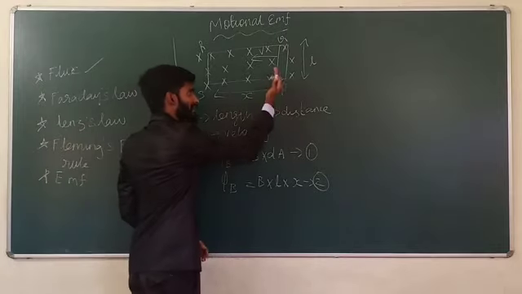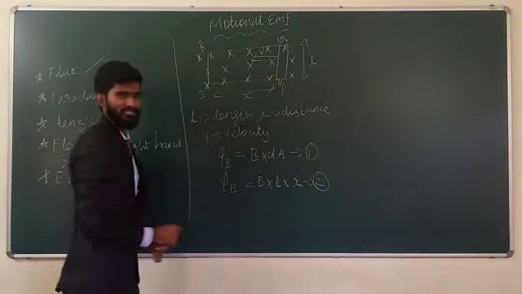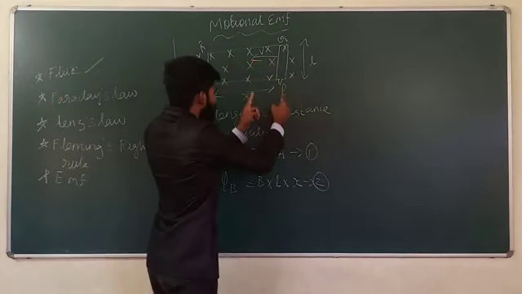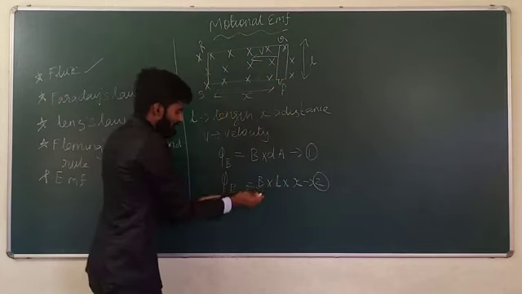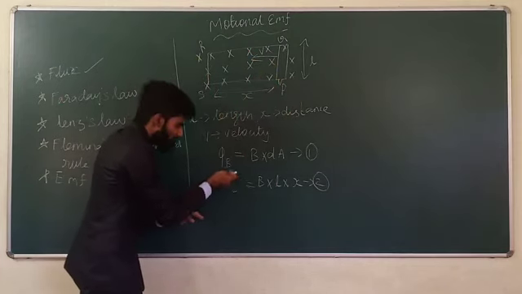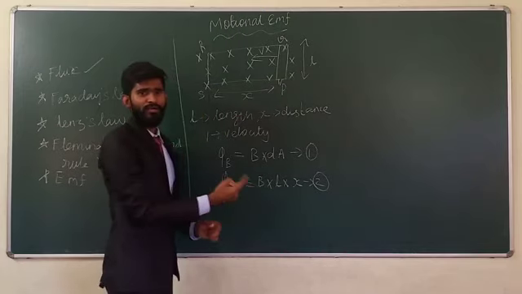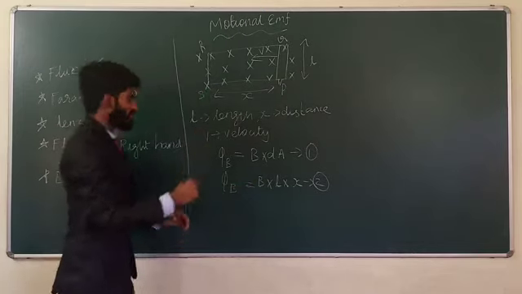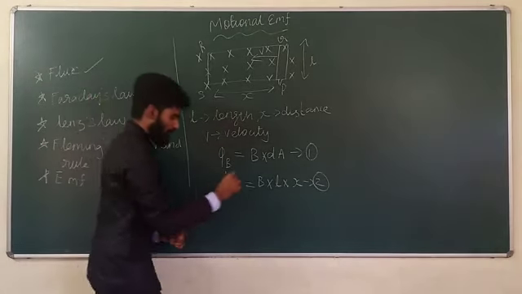Now once the conductor starts moving in this direction, the area will be reducing. Once the area keeps on reducing, that is a change in magnetic flux. That change in magnetic flux will induce something, which is explained by Faraday's law. So what is the law saying?